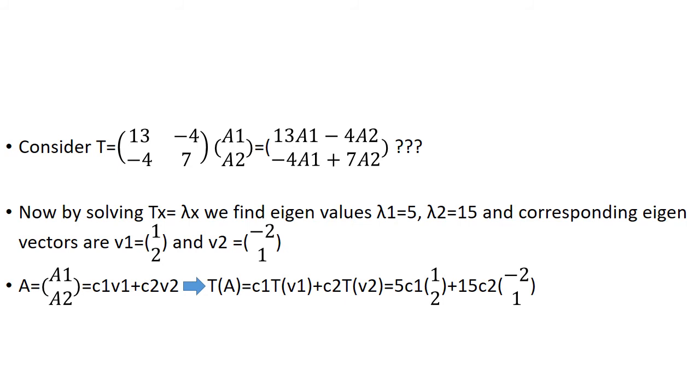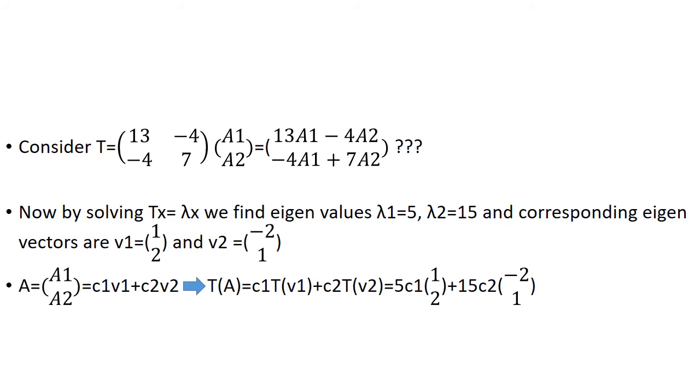To understand this, by solving Tx is equal to lambda x, we find the eigenvalues lambda 1 is equal to 5 and lambda 2 is equal to 15, and the corresponding eigenvectors are v1 equal to 1 2 and v2 equal to minus 2 1. So we can now decompose the original vector a1, a2 by the above eigenvectors.